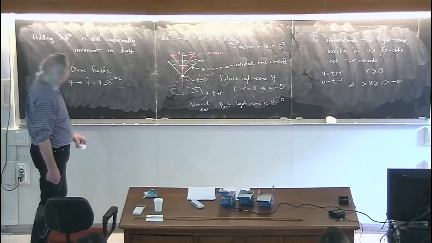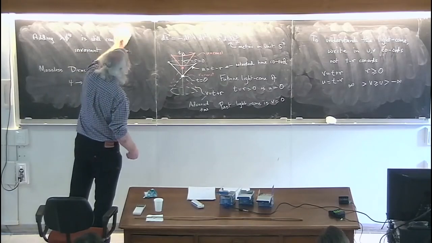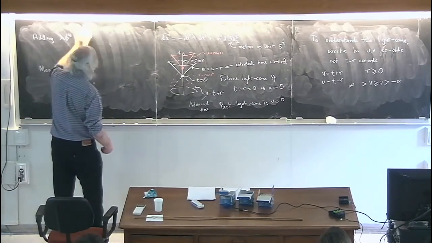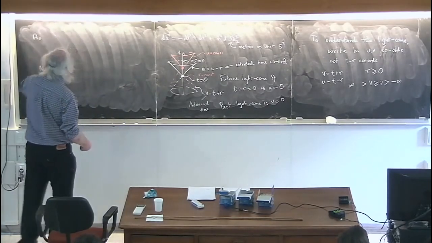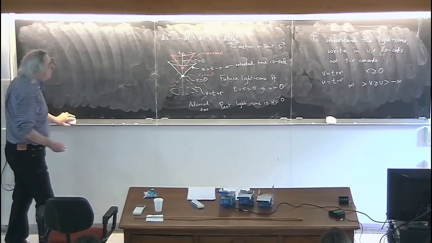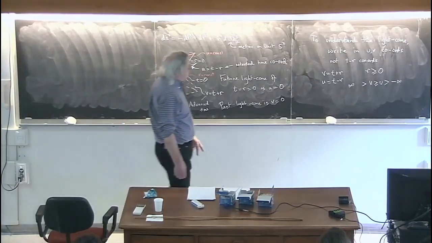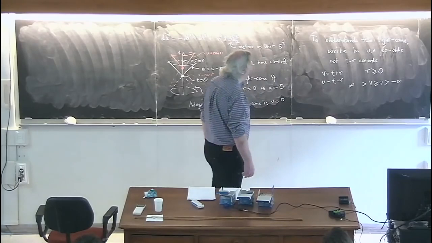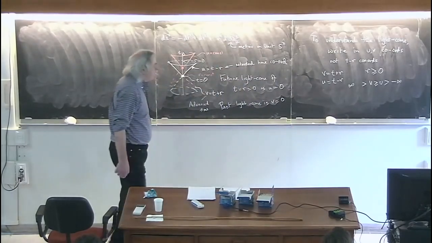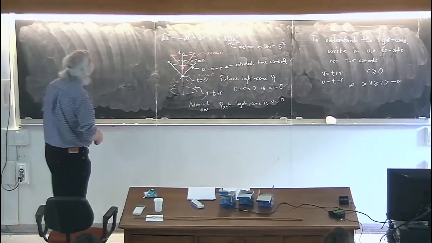So what is the metric in these coordinates? Well, it's kind of easy. You just look at this and you'll see that dt squared minus dr squared is dv du.